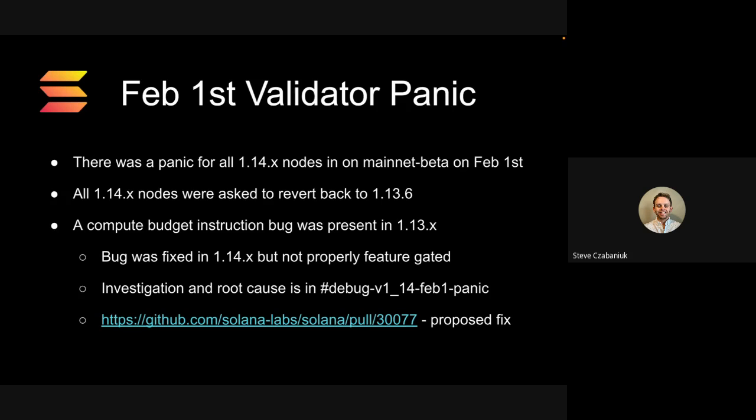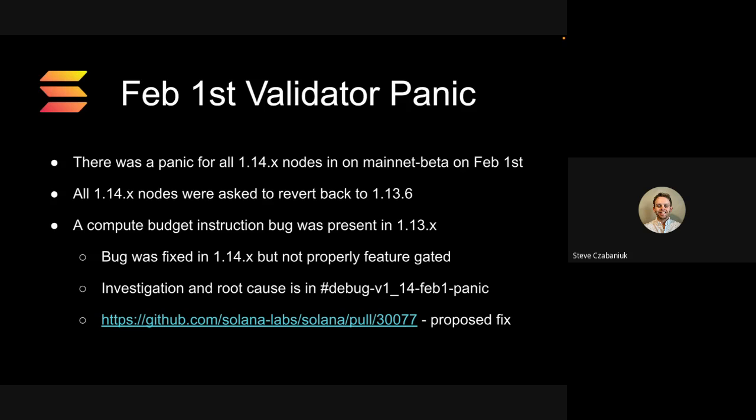So there are a couple of items at play. The panic that was initially reported, I think it was Lane, if I'm not mistaken, was a symptom of another issue. The panic was something like the progress map expecting a slot to be there. The reason that happened is because we purged a slot that we had already frozen.